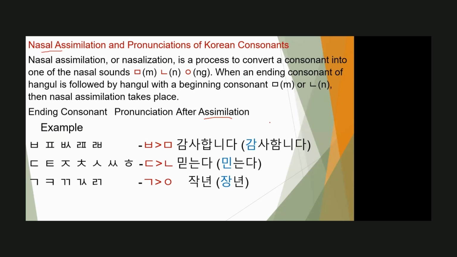Nasal assimilation or nasalization is a process to convert a consonant into one of the nasal sounds, ma, na, nang, when the ending consonant of Hangul is followed by the Hangul with beginning consonant ma, na, then nasal assimilation takes place.